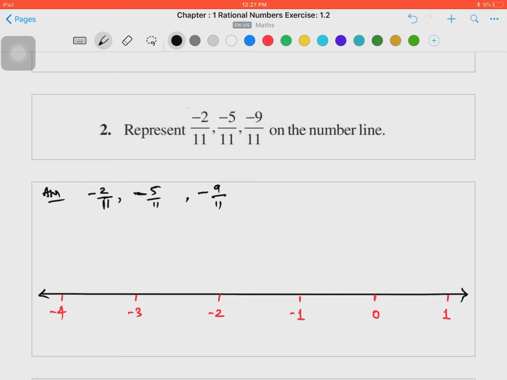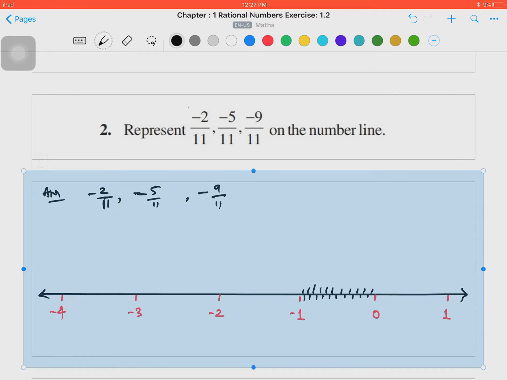So let's start. We'll write them like this: 1, 2, 3, 4, 5, 6, 7, 8, 9, 10. So you can count 1, 2, 3, 4, 5, 6, 7, 8, 9, 10, and 11 parts.